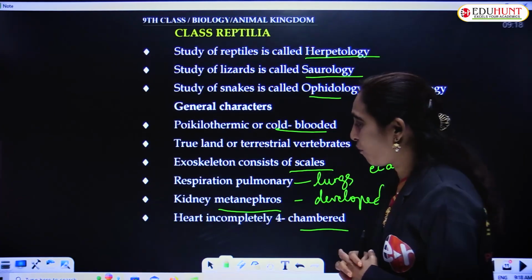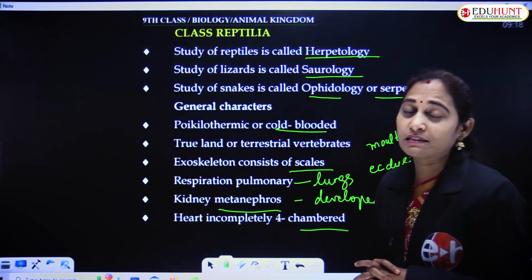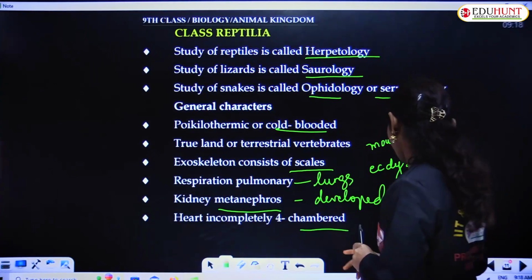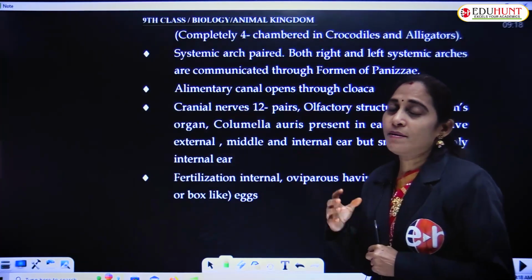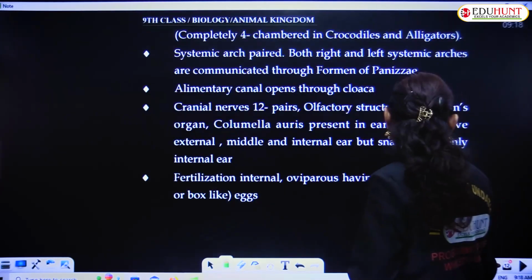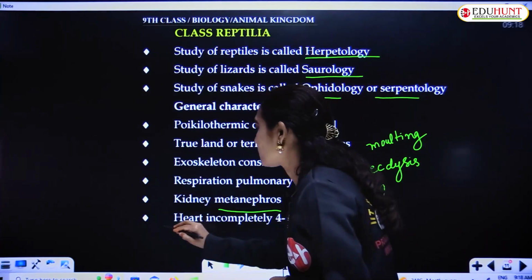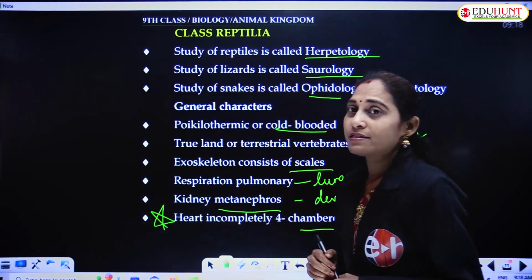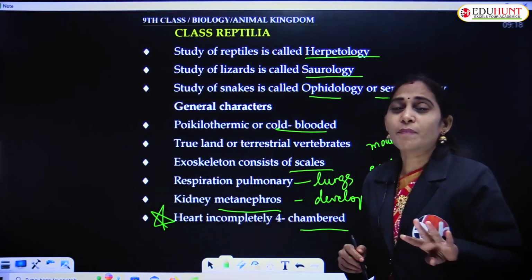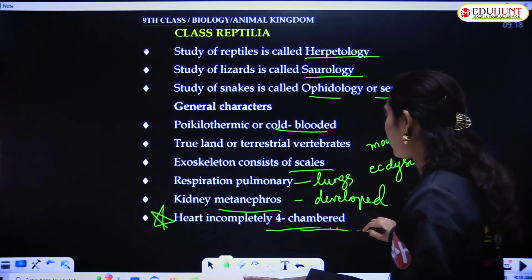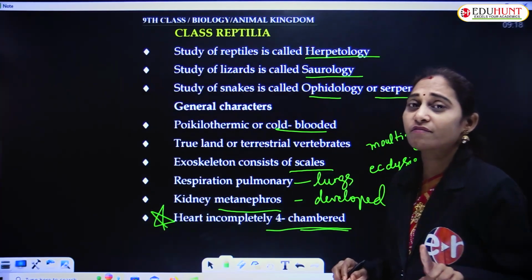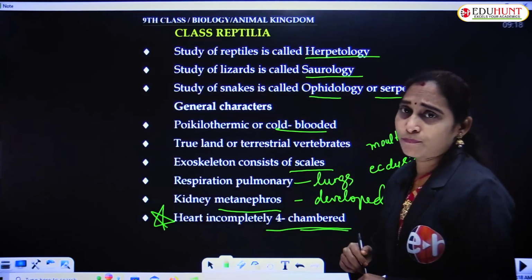The four-chambered heart is seen in crocodiles, though they are reptiles. But the major important point of reptiles is the heart: not three-chambered, but incompletely divided four-chambered. Incompletely four-chambered heart is the characteristic feature of the class Reptilia.